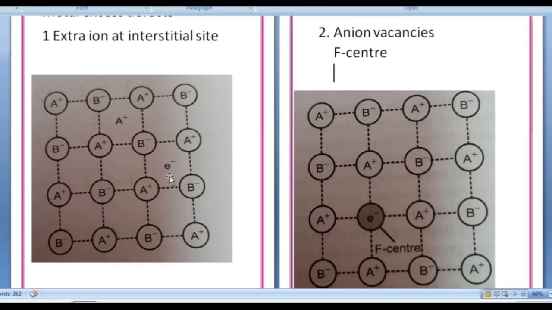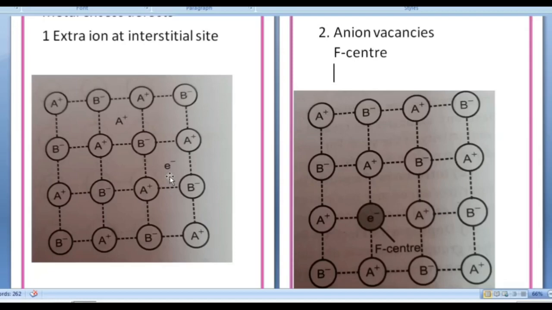Example of this is zinc oxide. Zinc oxide is white in color at room temperature, but at high temperature it becomes yellow. Why? Because excess Zn2+ ions are entrapped in interstitial sites along with an equal number of electrons.